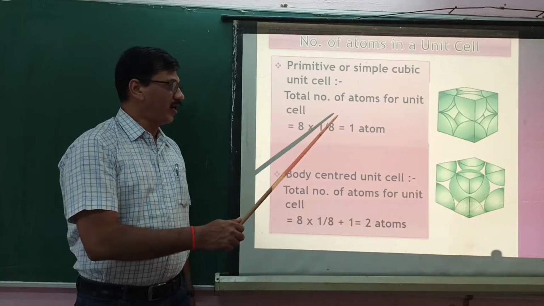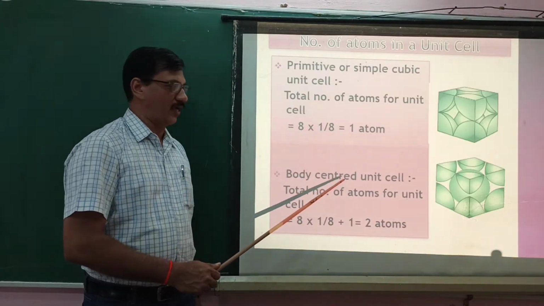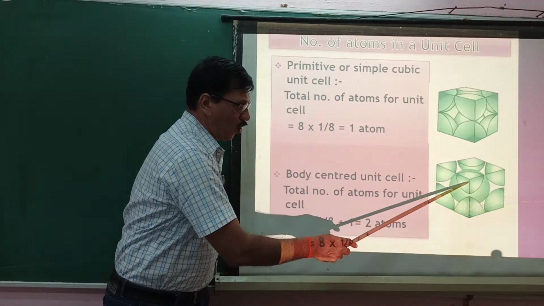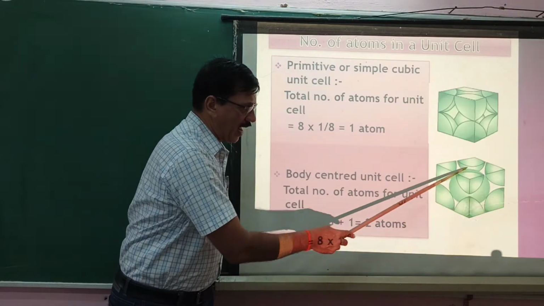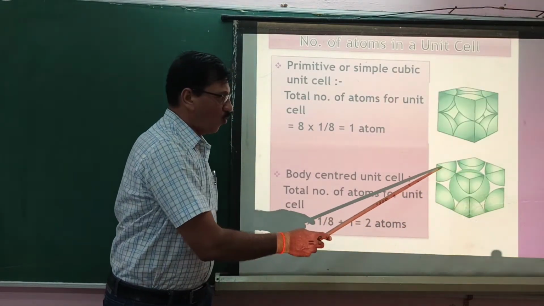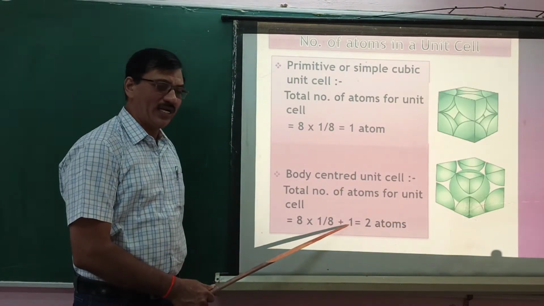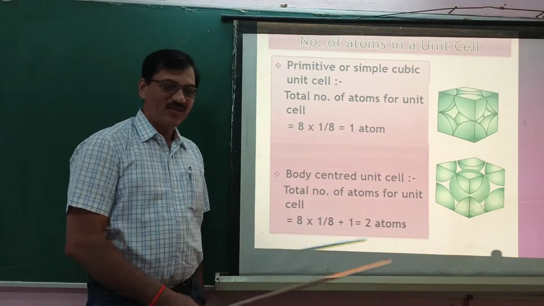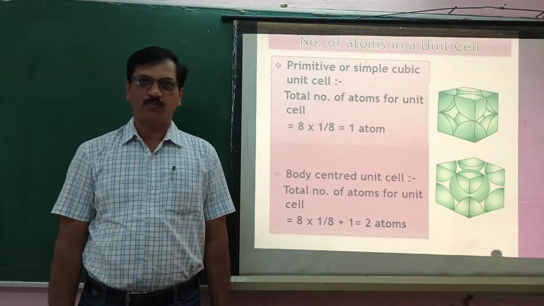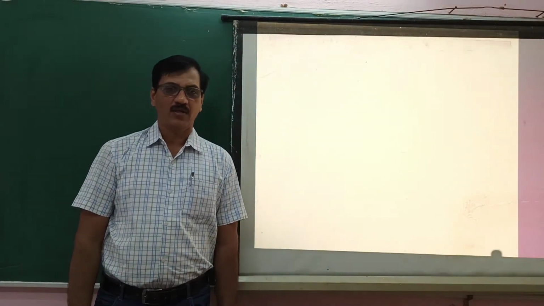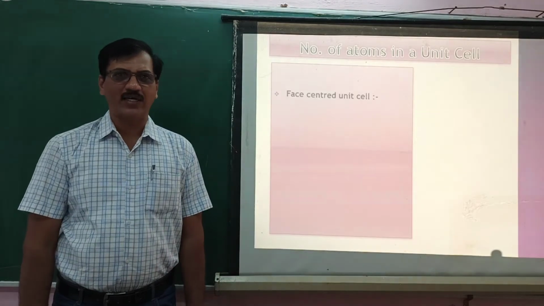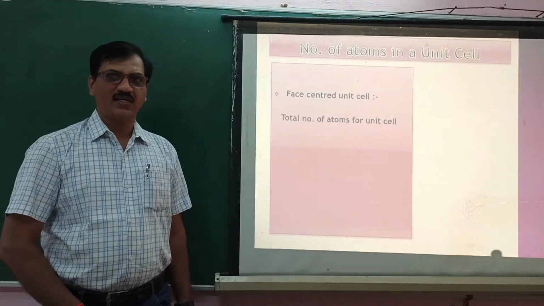But in the case of body centered unit cell, BCC, along with the corners, there is 1 whole atom inside. So 1/8 of 8 at the corners, plus 1 whole inside. Therefore, there are 2 atoms inside the body centered unit cell. Suppose it is a face centered unit cell.